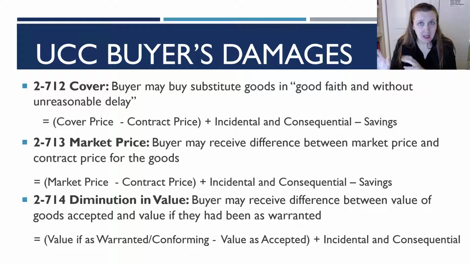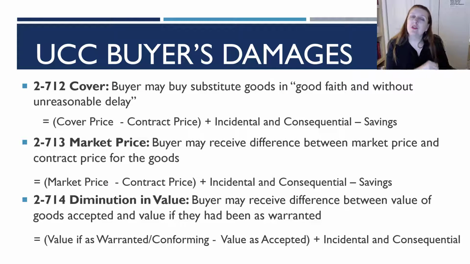And again, keep in mind, you always want to subtract any savings. So let's say, for example, a savings might look like, under their original contract with the seller who breached, the buyer was expected to pay for shipping costs. Under their substitute cover, the seller is going to pay for the shipping.